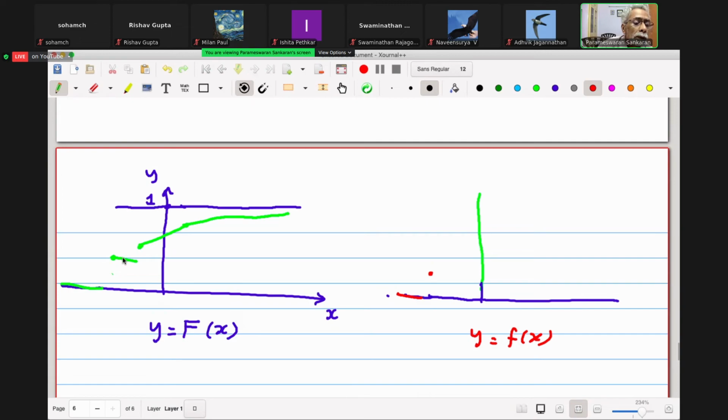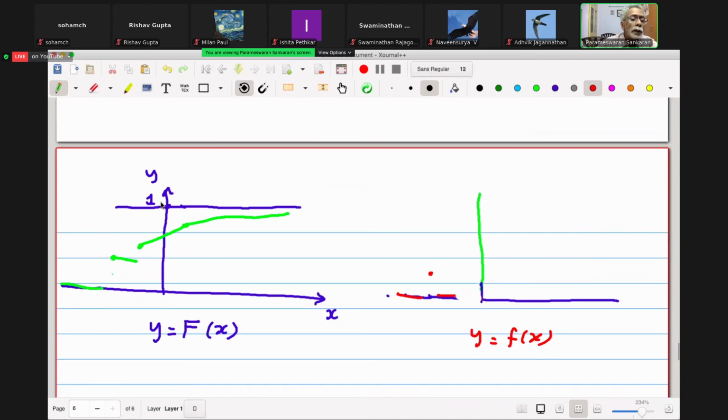So here is remaining flat, and then again that means that it's again coming back to 0. Okay, somewhere here I think it will pick up. Don't take this graph too seriously. I complicated things for myself.